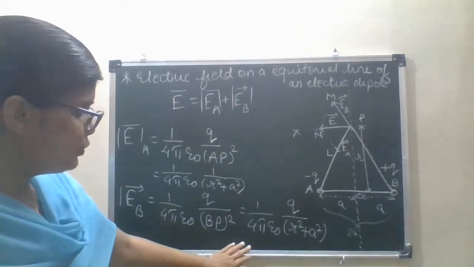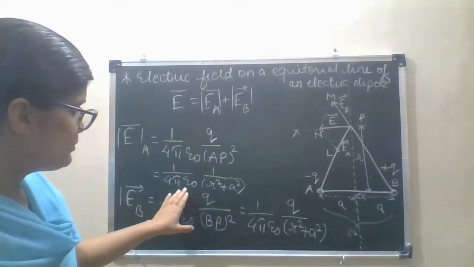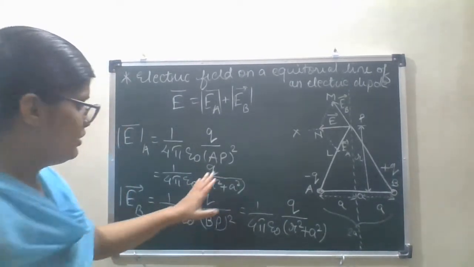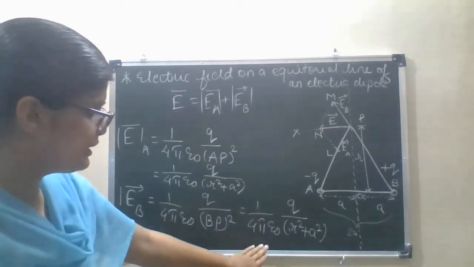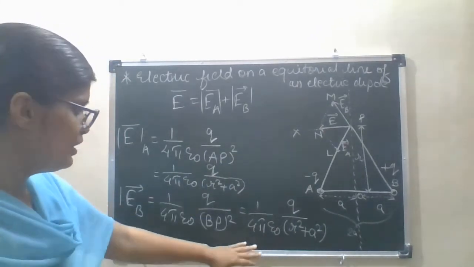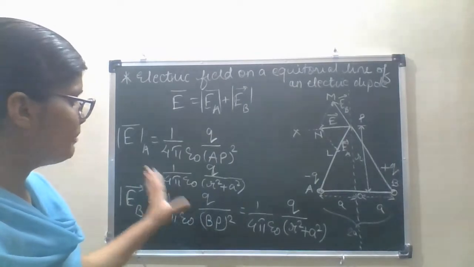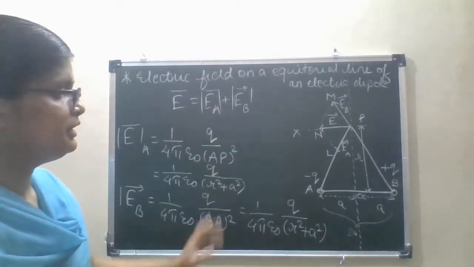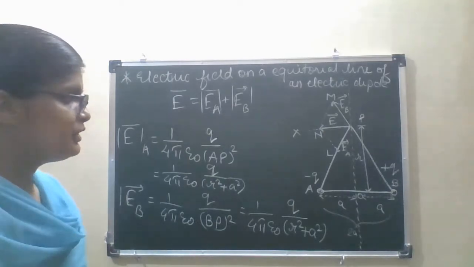If we observe both the equations, we come to know that the magnitudes of electric fields EA and EB are the same. So further we will solve.